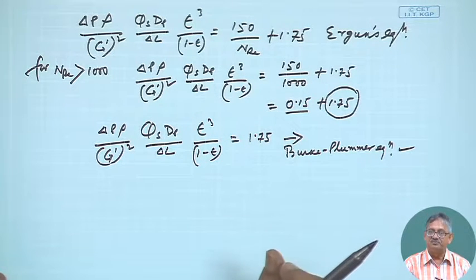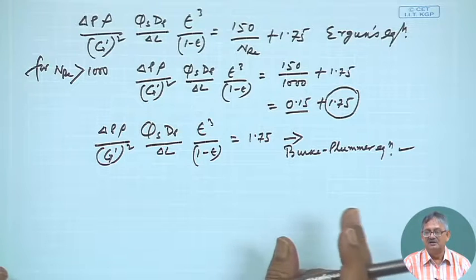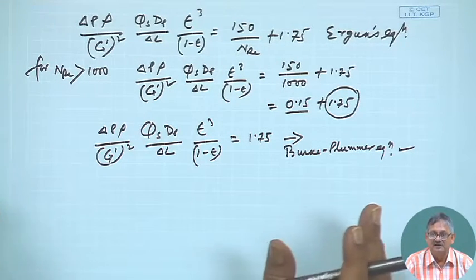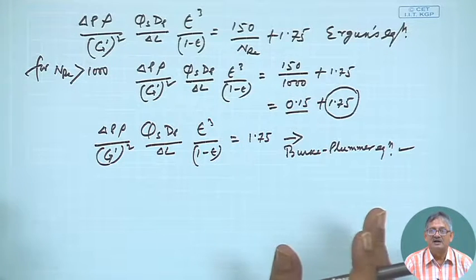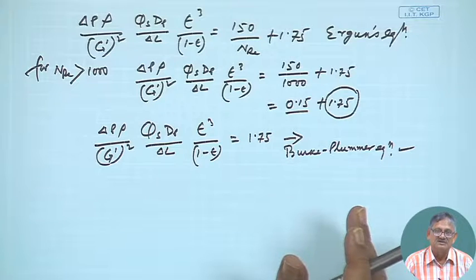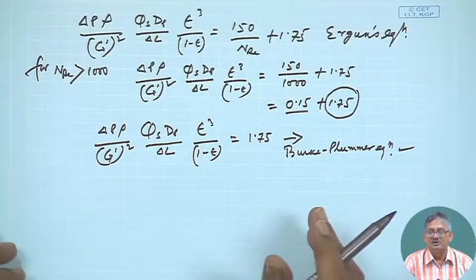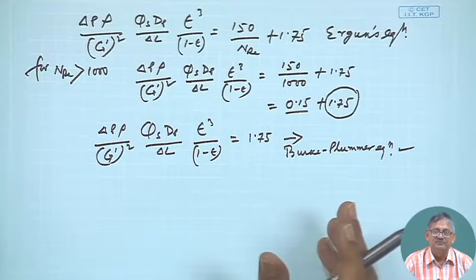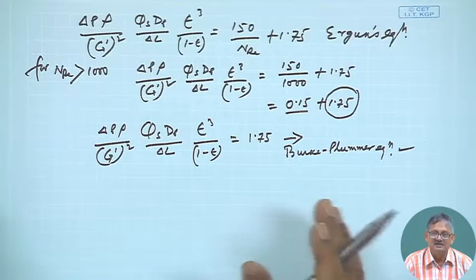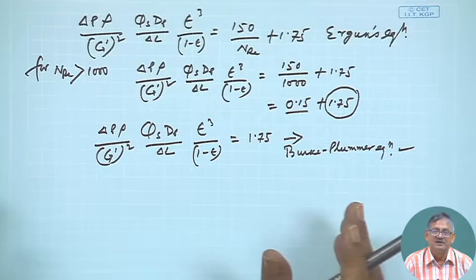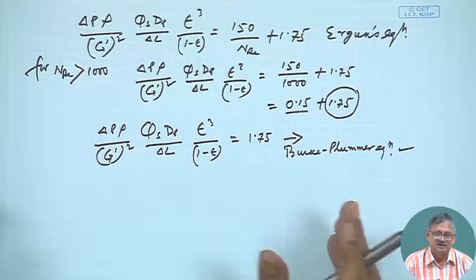For a packed bed we have seen, and can establish, that Ergun's equation can predict for NRE less than 10, or NRE greater than 1000, and if the NRE value lies between 10 and 1000, then also we can utilize it.